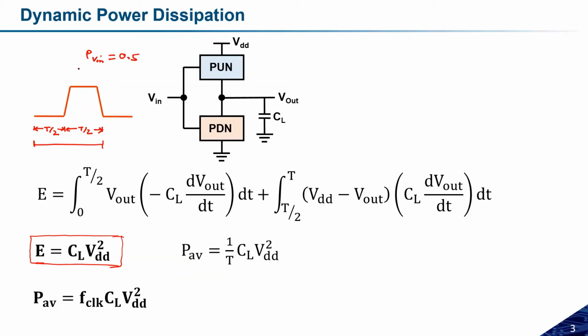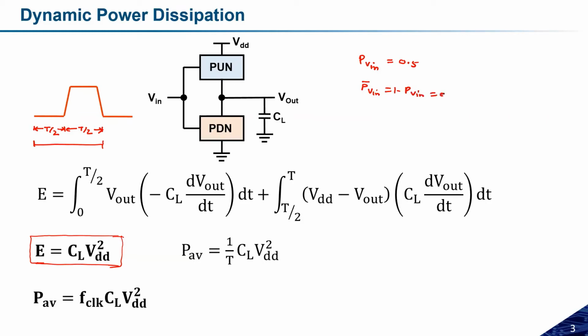Similarly, if I want to calculate the probability of logic 0, let me write it over here. The probability of Vin being 1, let us assume, is 0.5, 50% probability. I'm assuming the input is changing like 0 1 0 1 0 1. So the probability of logic 0 we can calculate as 1 minus P(Vin).